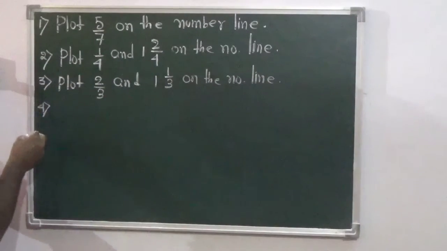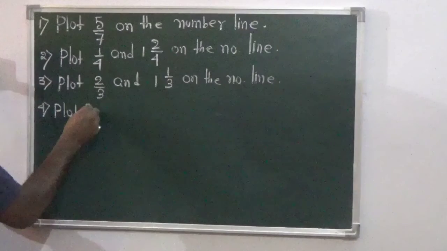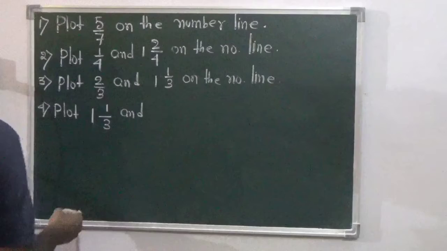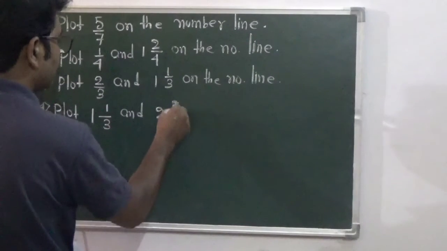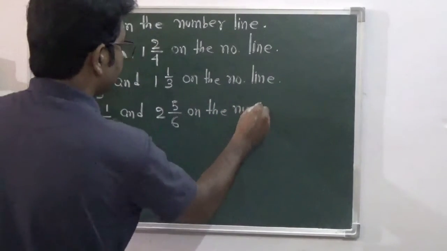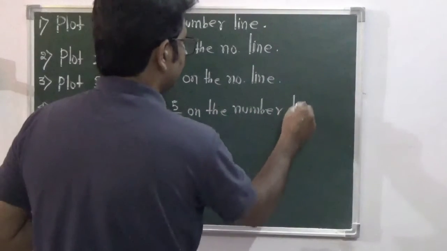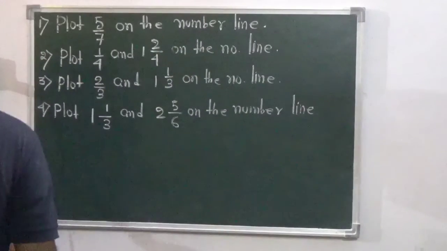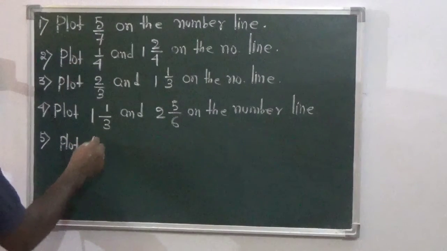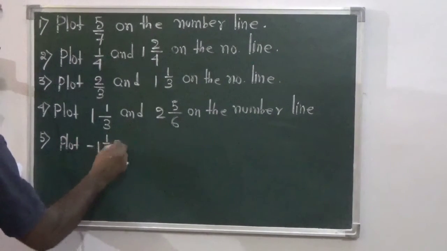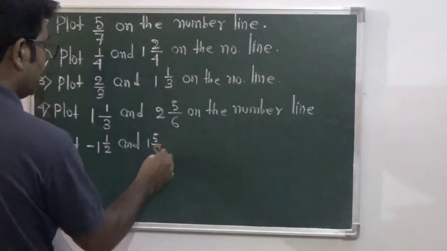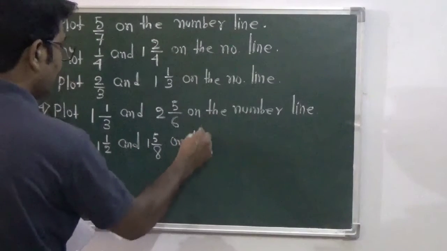Question number 4. Plot 1 by 3 and 5 by 6 on the number line. Then you've got question number 5. Plot minus 1 by 2 and 5 by 8 on the number line.